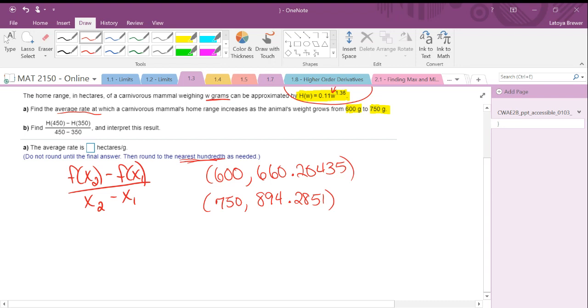And it keeps going, but I'm just going to leave it there. I could put 2 behind it if I wanted to, but those are my two ordered pairs. So now that I have that, I can label this as my x sub 1, f of x sub 1, my x sub 2, and my f of x sub 2.